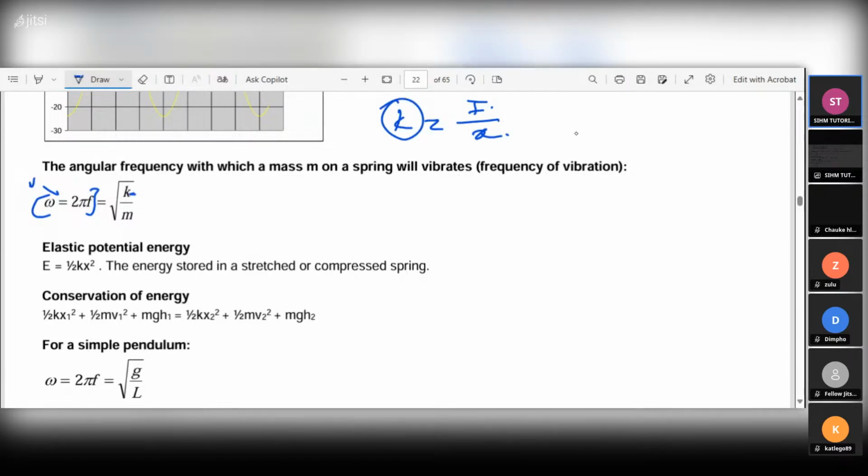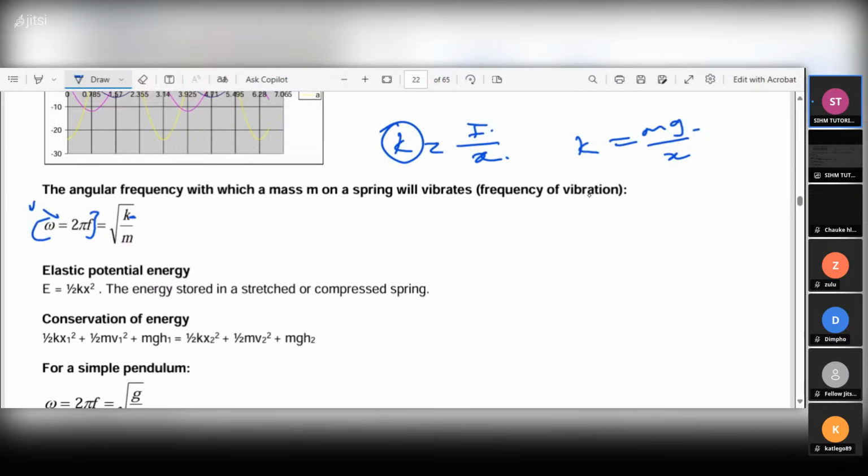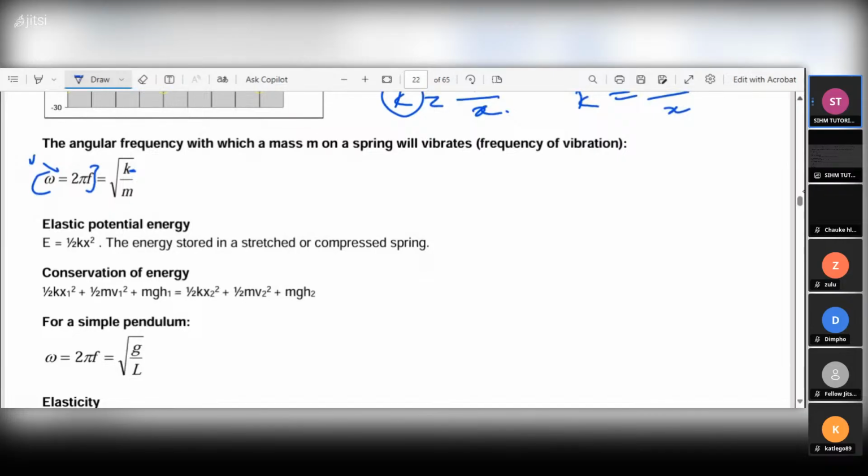You should also know that K equals mg over x. This is also a force, which we call gravitational force.